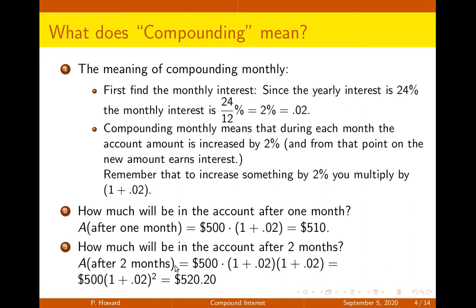In other words, after 2 months, we will have $500 increased by 2% twice. The shorthand for 1 plus 0.02 times 1 plus 0.02 is 1 plus 0.02 squared. And when we do the calculation, we get $520.20.